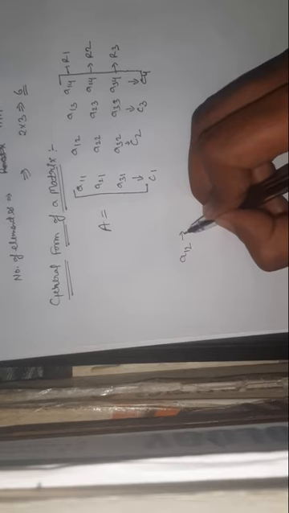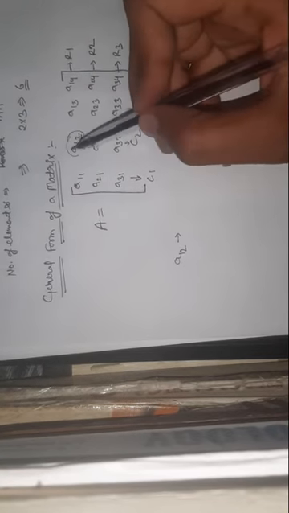Now addressing the element. A12 means the element which is situated in the first row and second column.